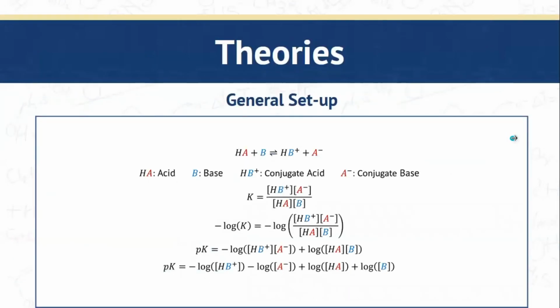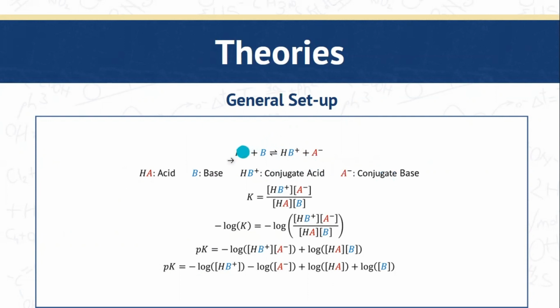For the general setup of the Henderson-Hasselbalch equation, consider this reversible reaction. The acid HA plus the base B reacts reversibly to form the products, the cation HB, which is the conjugate acid, and the anion A, which is the conjugate base.